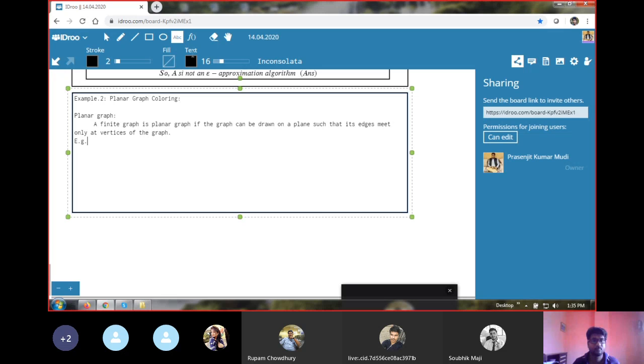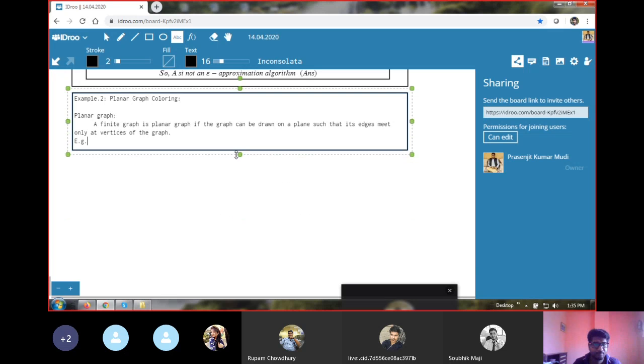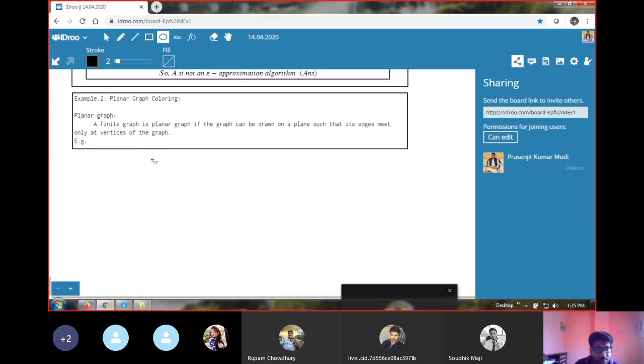Example, we have a K4 complete graph, undirected graph.